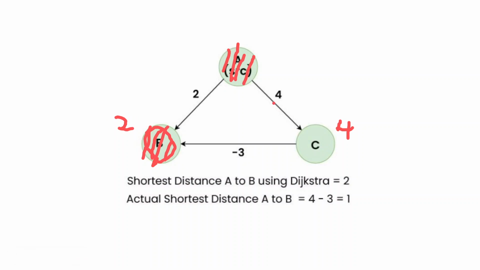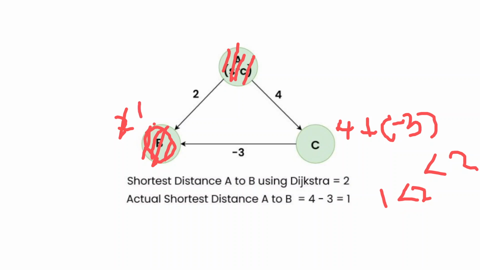But the reality is the shortest path is going to be 4 plus the edge minus 3, which is 1, less than 2. So this should be 1, but you can't do that because once a node is visited, it can't be visited again in Dijkstra's algorithm. So this is the major drawback when it comes to negative edges.